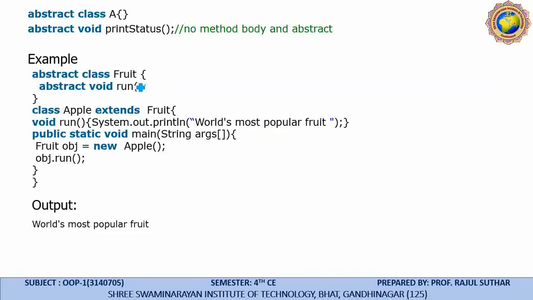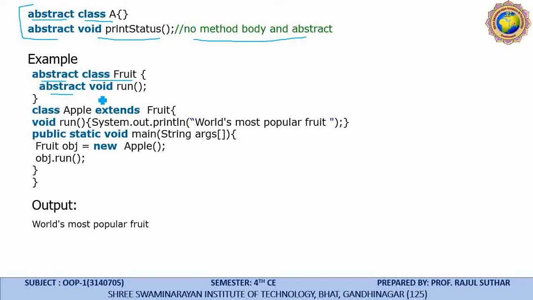This is a simple syntax, where you use the keyword abstract with the class. Name of the class, abstract void printStatus is one method with no body. Let me check with one example. Here, for the abstract class, we are using the keyword abstract. The class name is Fruit. You can use any method.